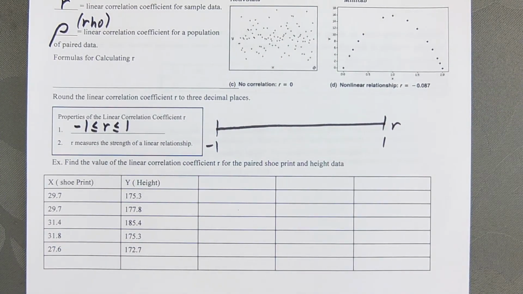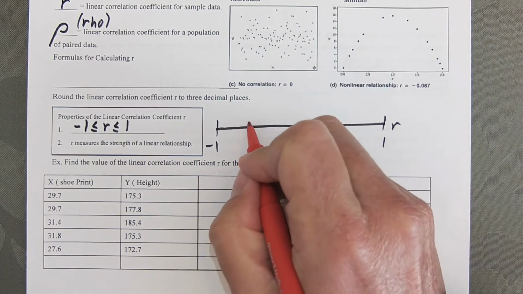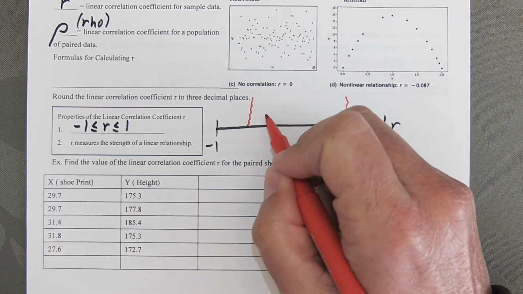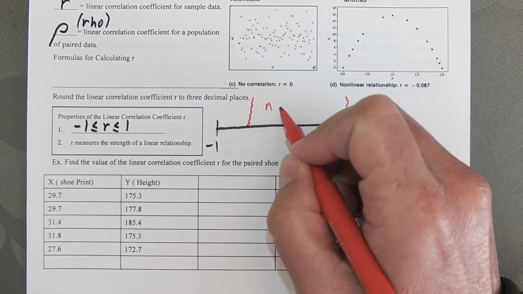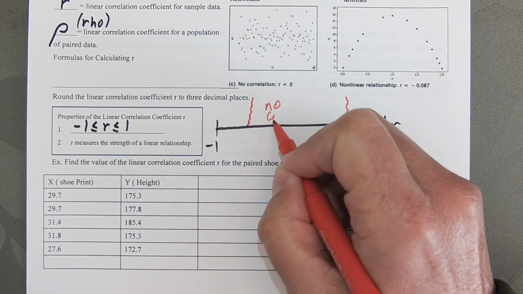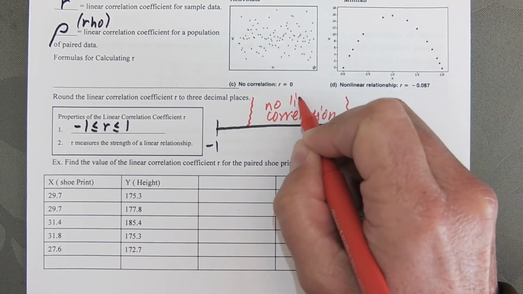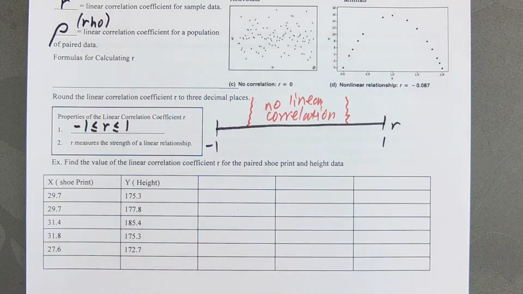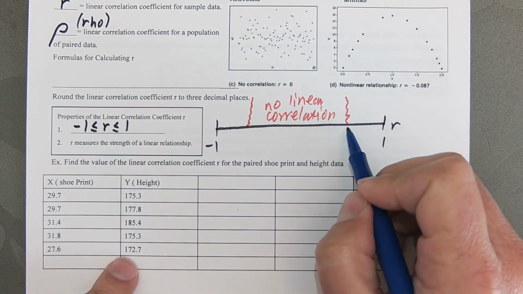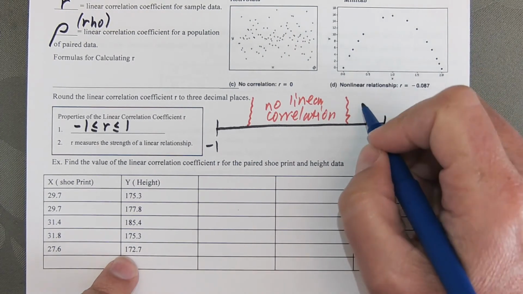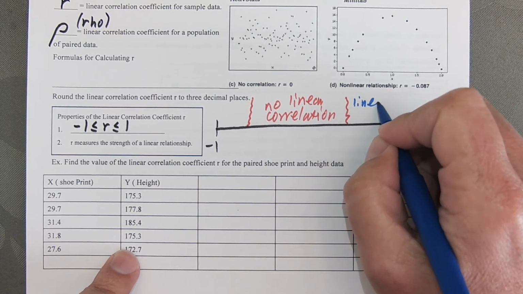And what's going to happen is we're going to end up with a boundary here. And in between here, if our r value falls into here, then there is no linear correlation. And if it falls between our boundary, our critical values, and we'll learn how to get those in just a second, and 1 or -1, this means that there is a linear correlation.